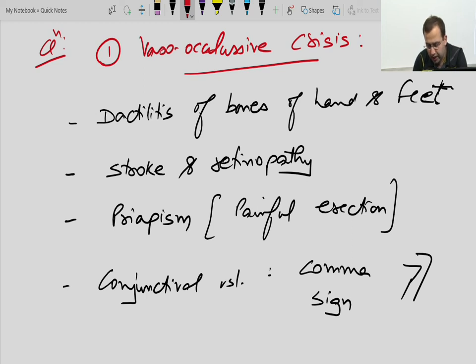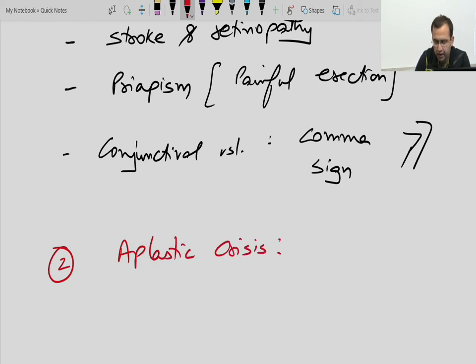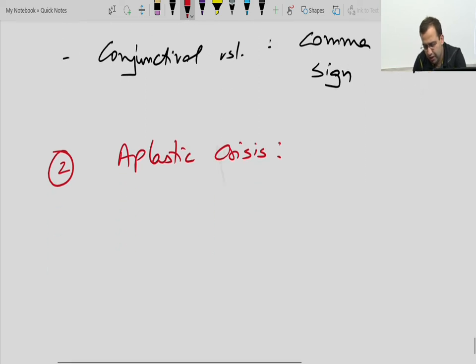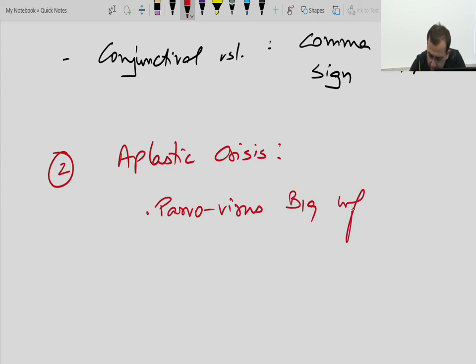Next, the next crisis that is seen with sickle cell anemia is aplastic crisis, which is associated with parvovirus B19 infections. What does it infect?